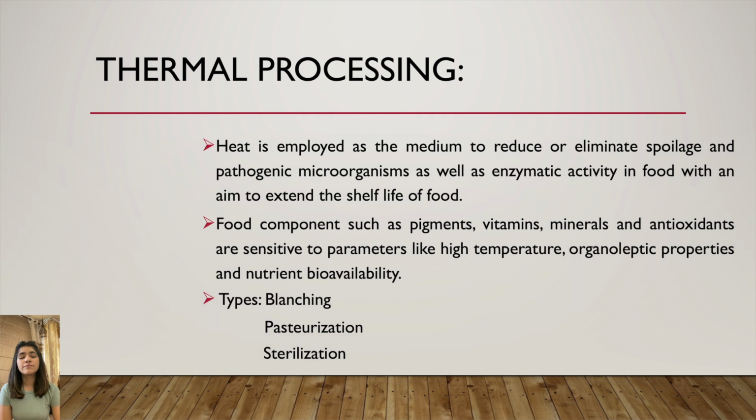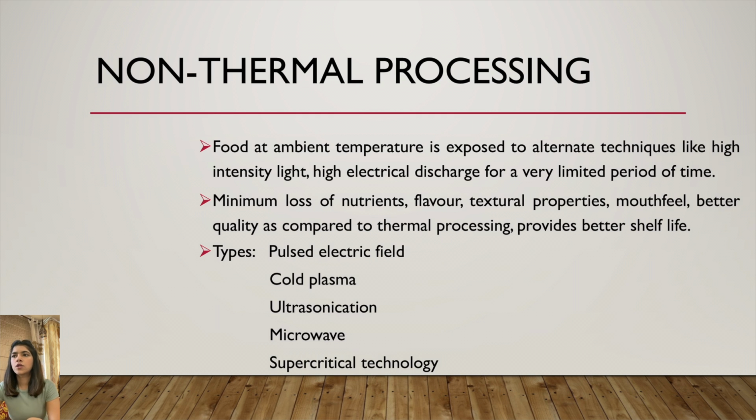Now we come to non-thermal food processing. Here, food at ambient temperature is exposed to alternate techniques. Now here, heat is not used. The alternate techniques can be high intensity light, high electrical discharge for a limited period of time.